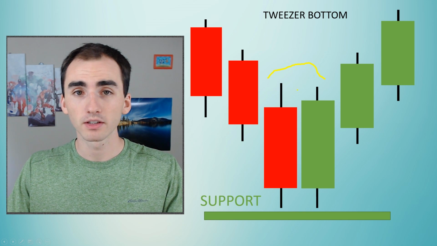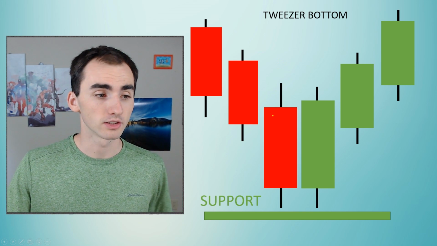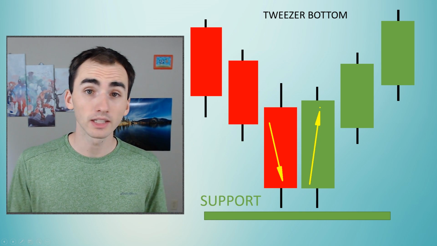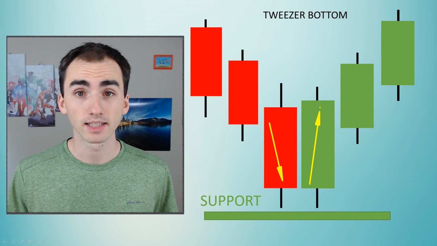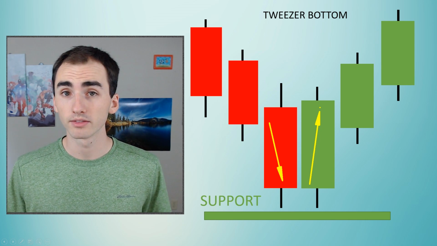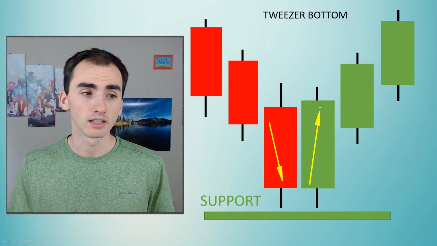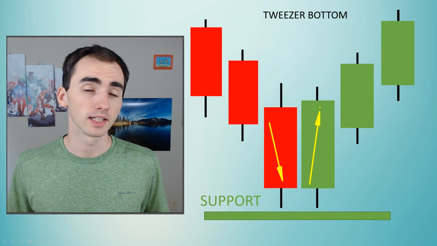So what we have here is a red candle that is going into our support and then a green candle that is reversing. The idea behind these is that they are relatively similar in size, and it's showing you that the stock was selling off and now it is reversing and going back up.